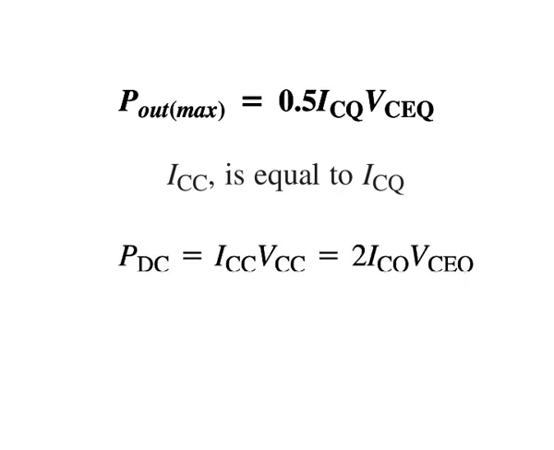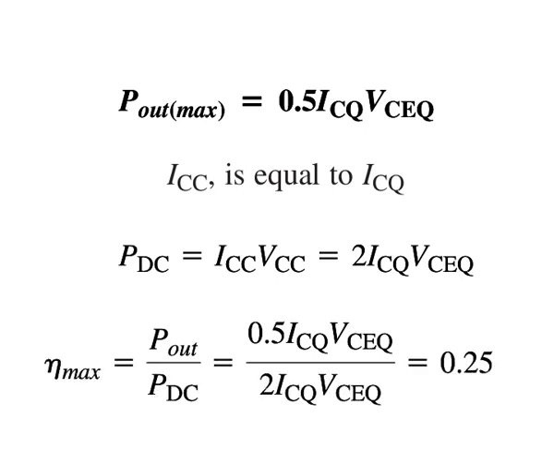Therefore, the total DC power is PDC is equal to ICC times VCC, which is equal to 2 ICQ times VCEQ. The maximum efficiency, eta maximum, of a capacitively coupled class A amplifier is given by eta maximum is equal to Pout over PDC. Substituting the values, we get efficiency equal to 0.25.